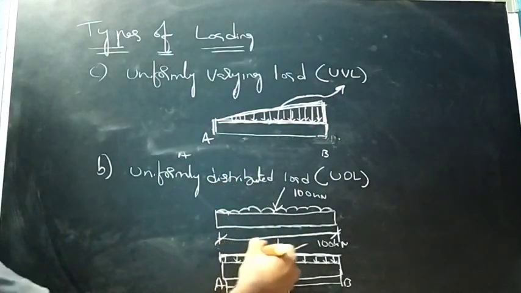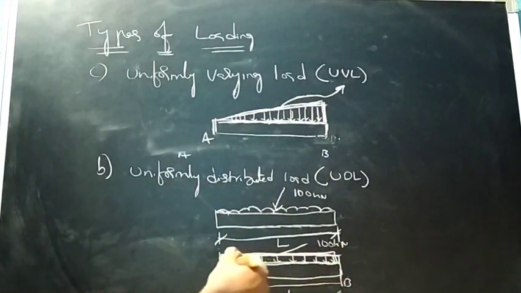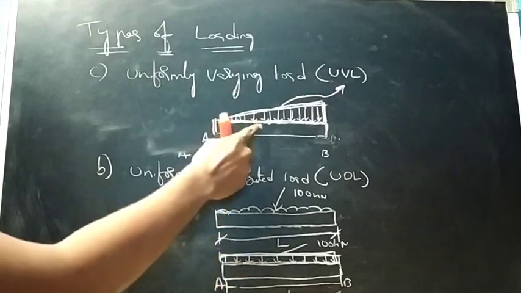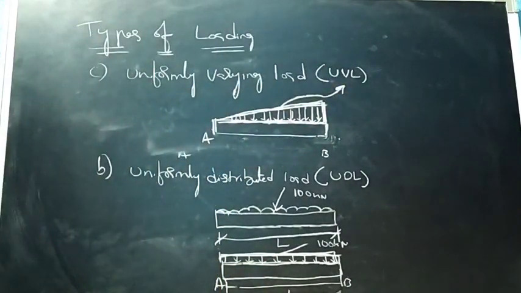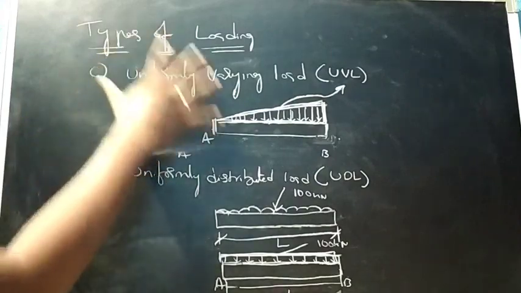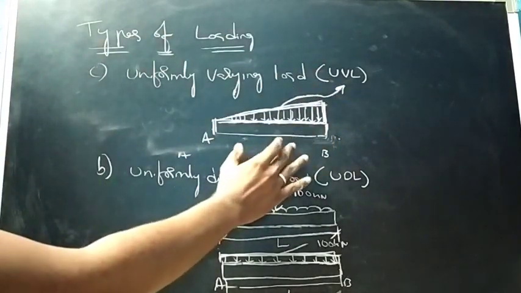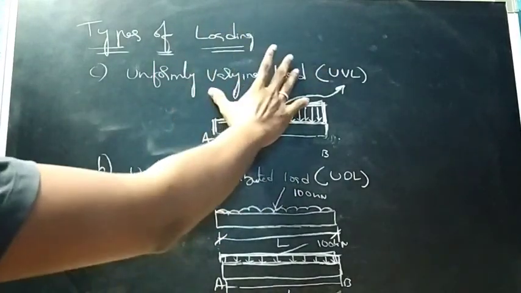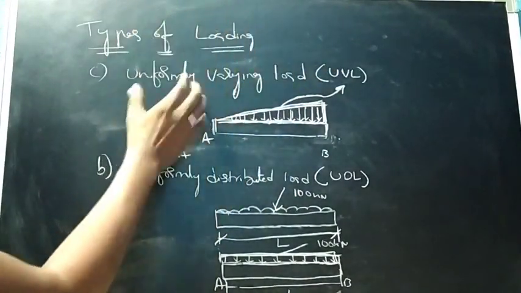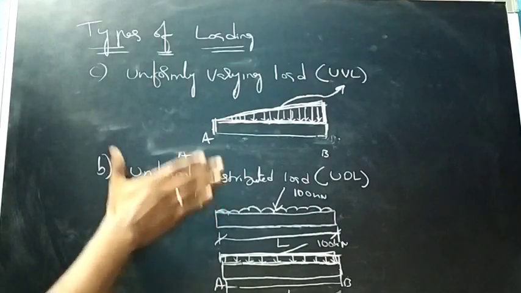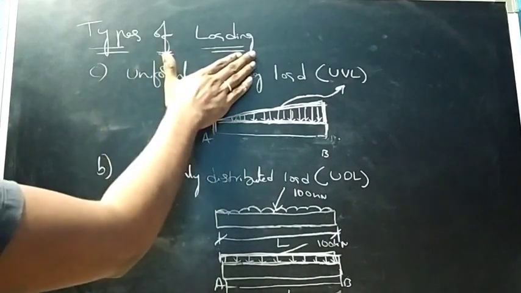Every point it is a constant loading here, and it will have a linear loading there. Fine. So these are the types of loading. In the next class we are going to see some common shear force and bending moment diagrams for different kinds of loading conditions.